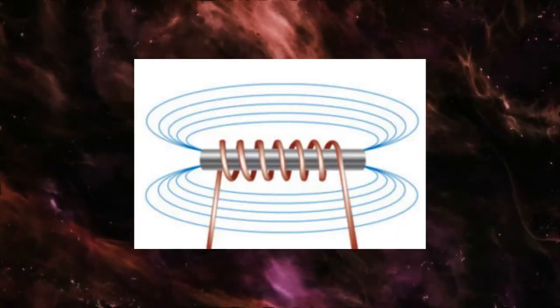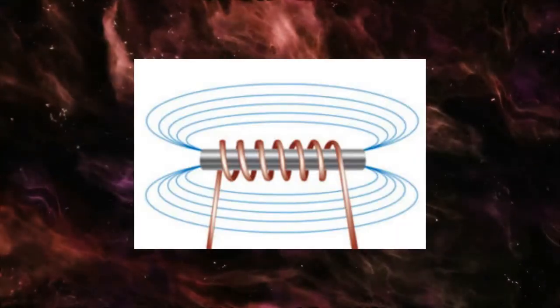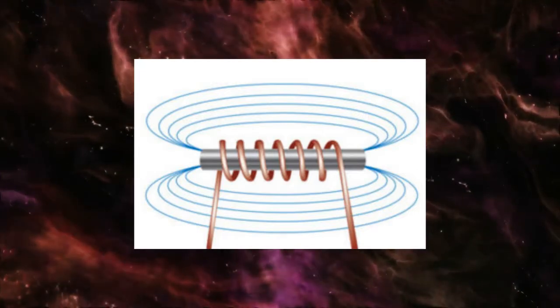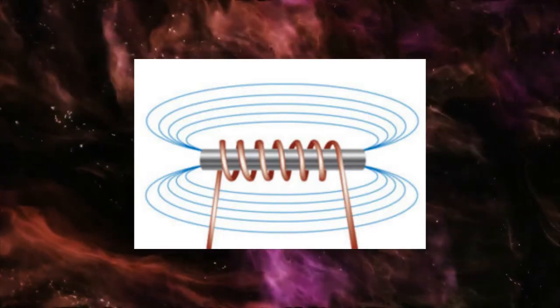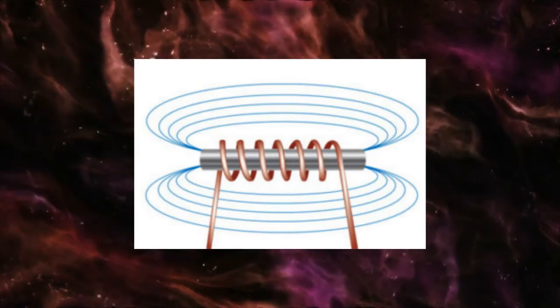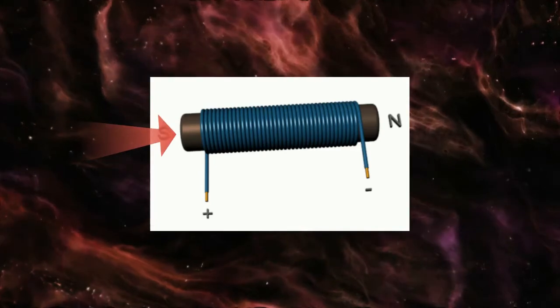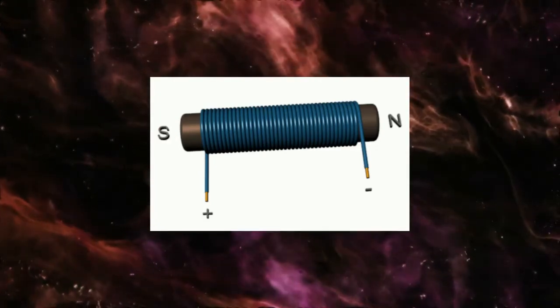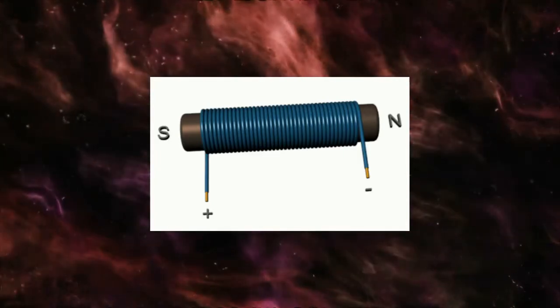The wire turns are often wound around a magnetic core made from a ferromagnetic material, such as iron. The magnetic core concentrates the magnetic flux and makes a more powerful magnet.